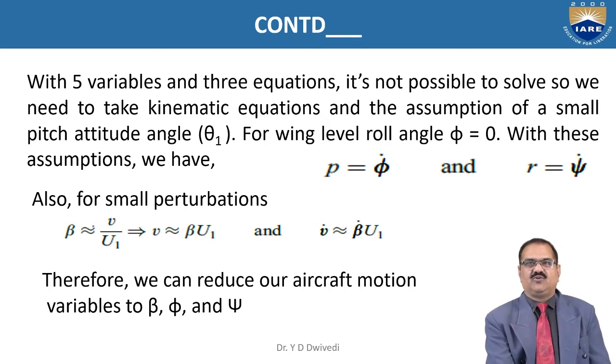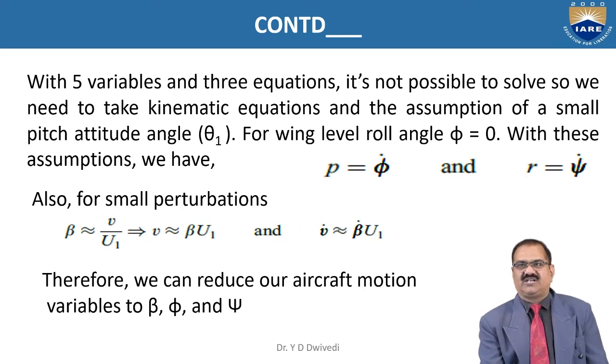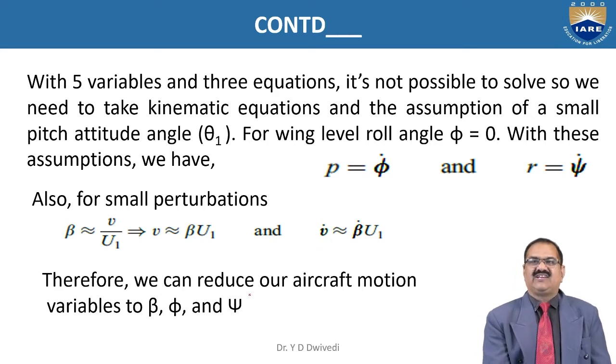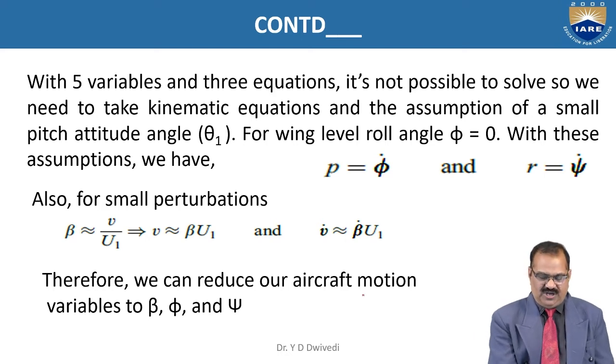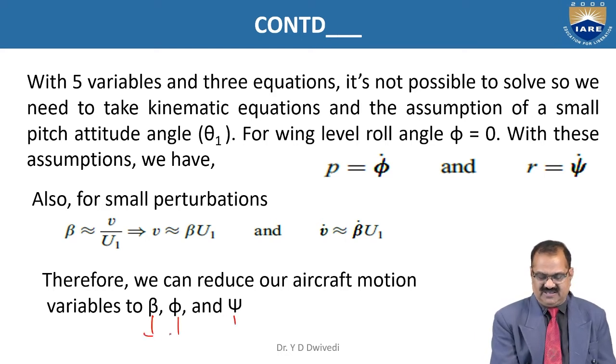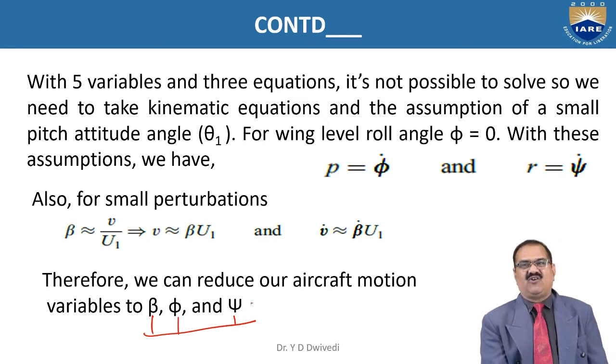So V is equal to beta into u1 and v dot is equal to beta dot u1. These are the rates. So therefore, we can reduce our aircraft motion variables to only 3. These 3 are unknown. With 3 equations, we can find out these things very easily.